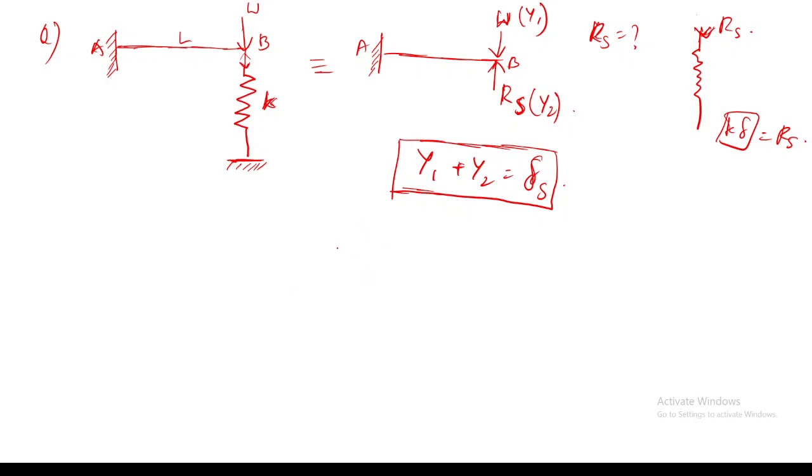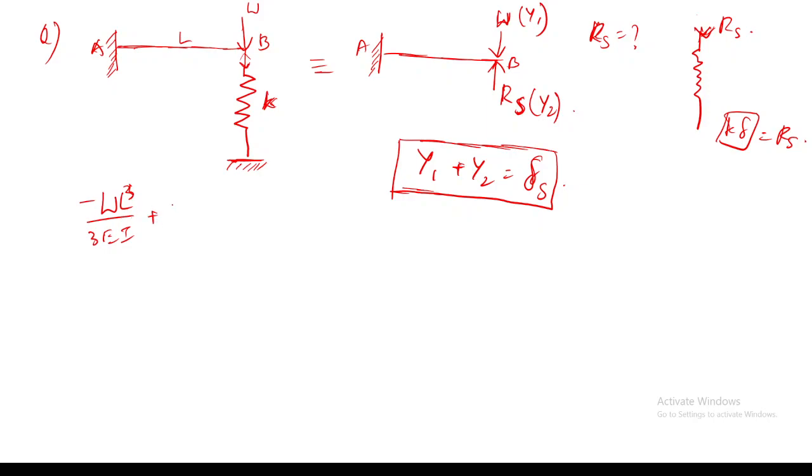What is y1? WL cube upon 3EI. Yes. Since we are dealing with upward and downward deflections at the same time, it is advisable to write with sign convention. So it will be minus WL cube by 3EI. Then what will be the value of y2?